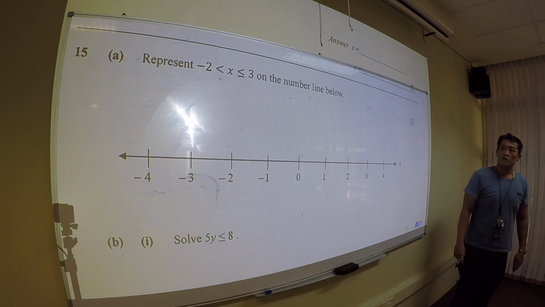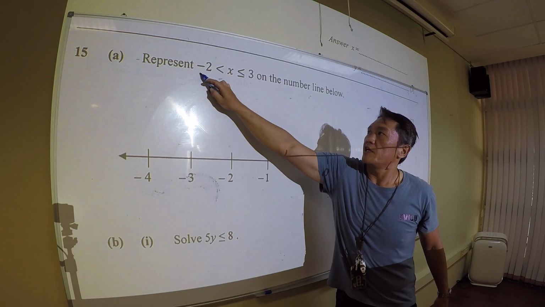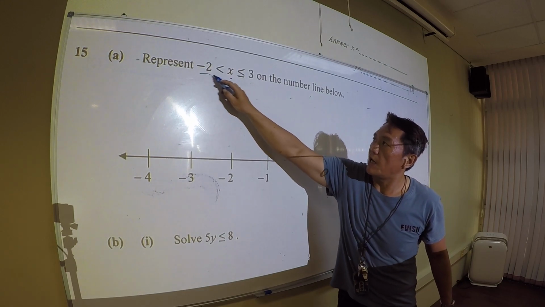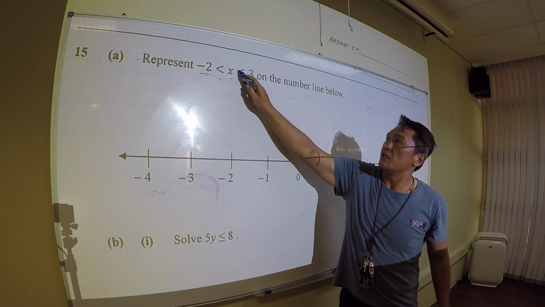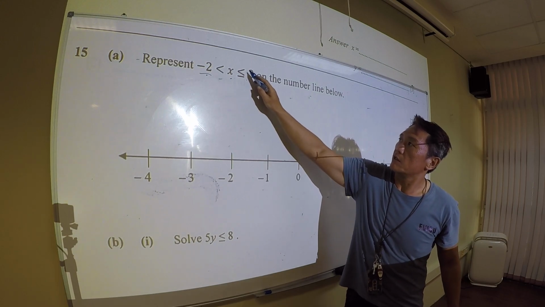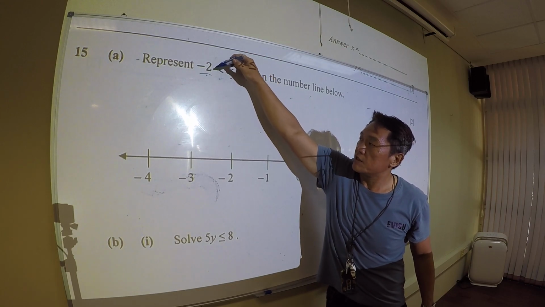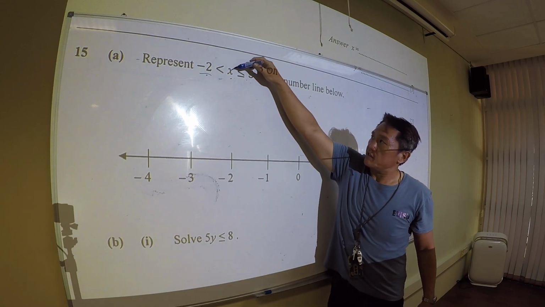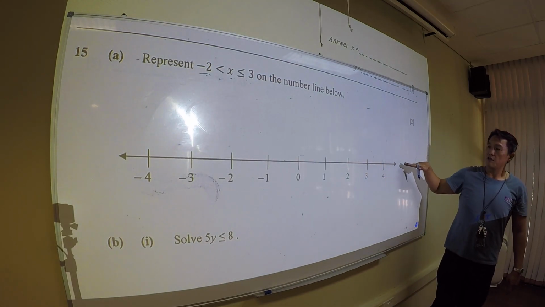Represent a number that is between negative 2, x is larger than negative 2 but smaller. This side is small, this side is big. So x is larger than negative 2. X is smaller than 3. You have a number line.